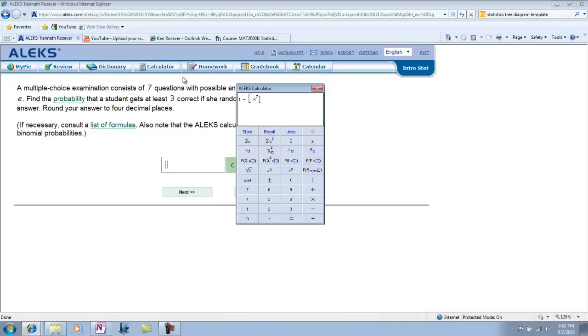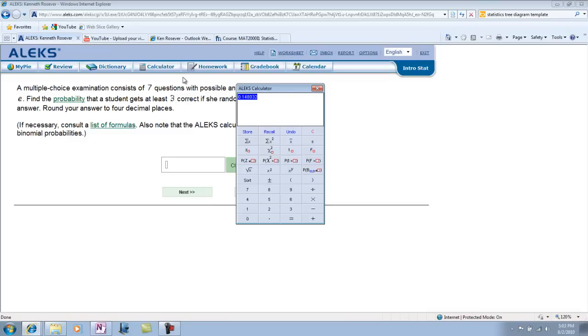The second one was plus 7 times 0.2 times 0.8 to the 6, arrow over, plus last one. 21 times 0.2 to the 2nd, arrow over, times 0.8 to the 5th. And we arrow over, close our bracket, and hit enter.